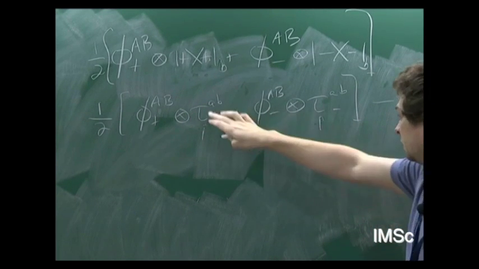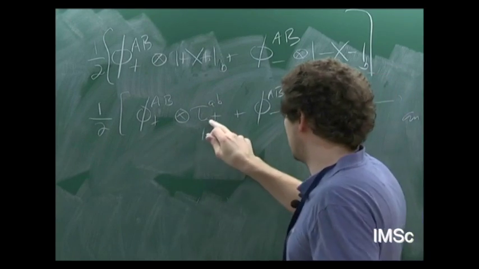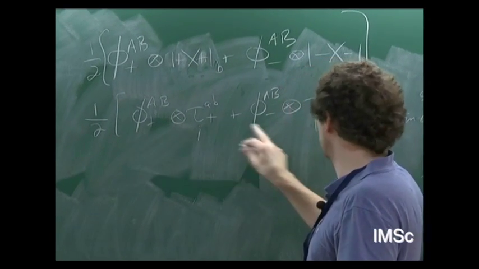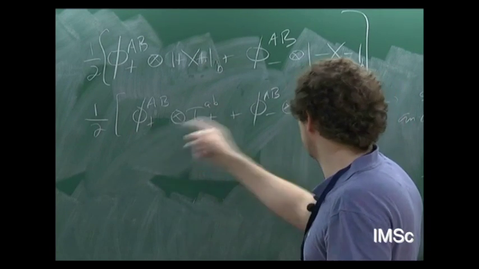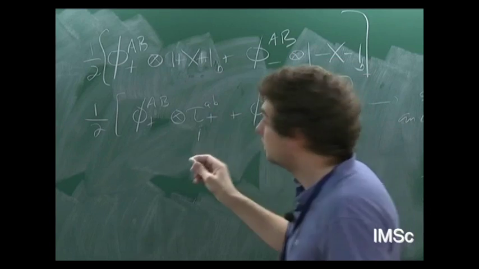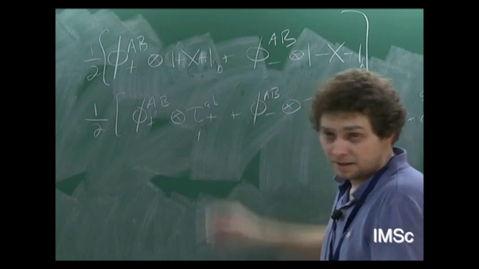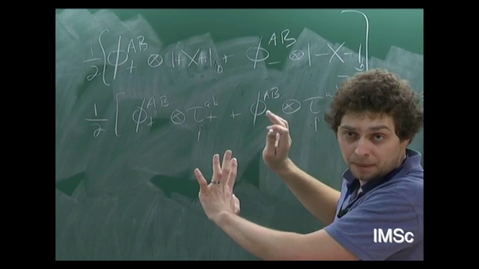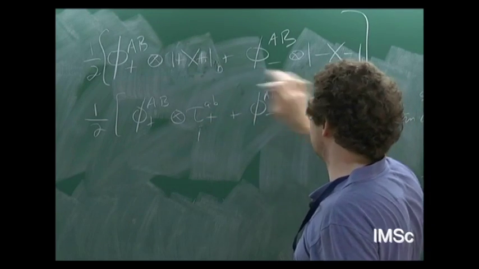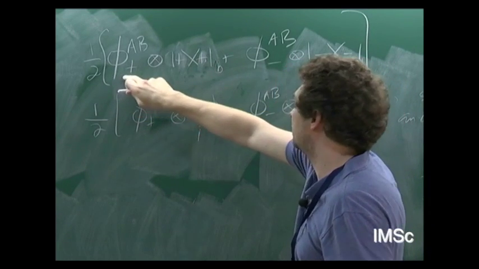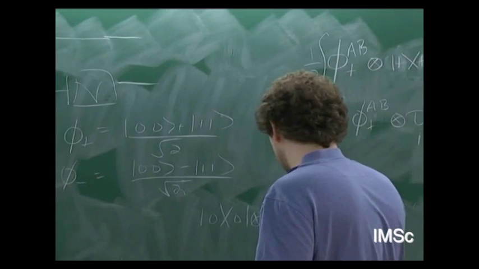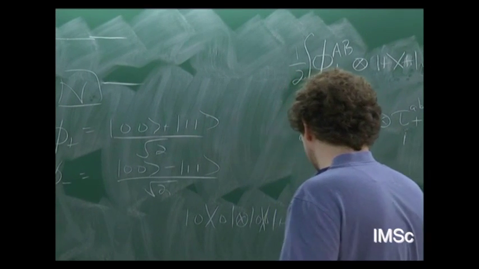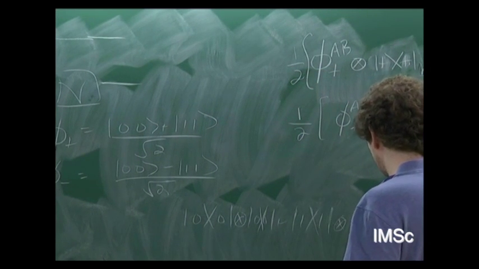If you can't do that locally, the information about whether it's a phi plus or a phi minus is not very useful to you. If you just trace out these flags, this is a totally separable state. If I trace out the flags and have a perfect mixture of phi plus and phi minus, I just get the state |00> tensor |00> plus |11> tensor |11>.